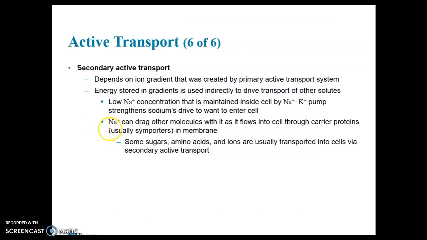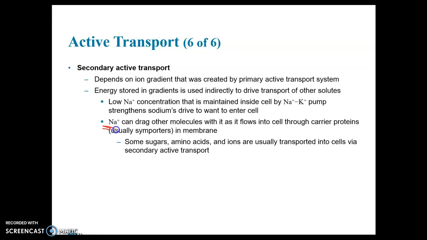So the last note here, okay, so if we already know that sodium concentrations are high outside the cell, and that is because of the sodium-potassium pump and the primary active transport of the sodium-potassium pump, then it's going to be real easy if you have leak channels, or channels that will allow sodium to diffuse, it's going to diffuse back in because it's so high outside the cell.